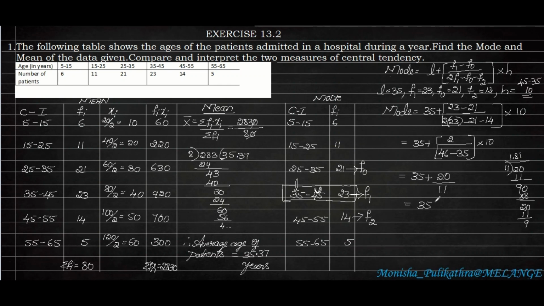So 35 plus 1.81 is 36.81. Okay. So the maximum number of patients are of age 36.81 years.